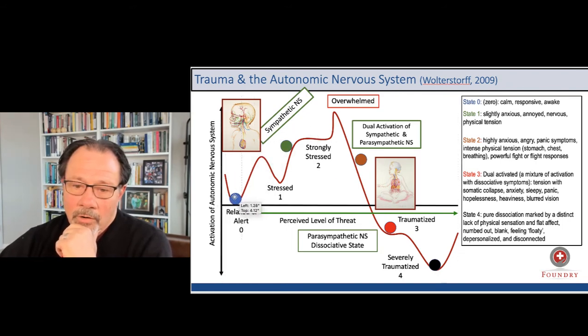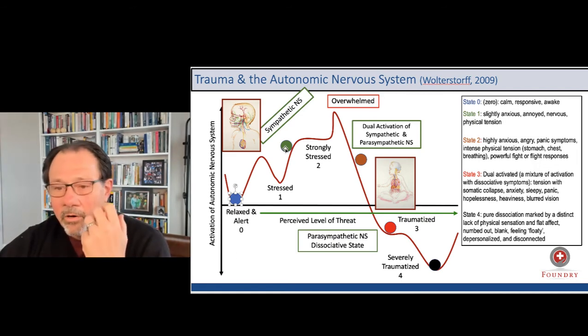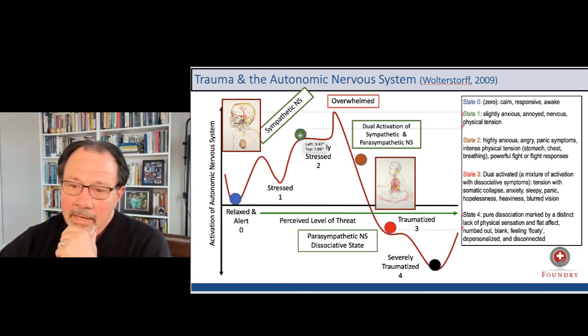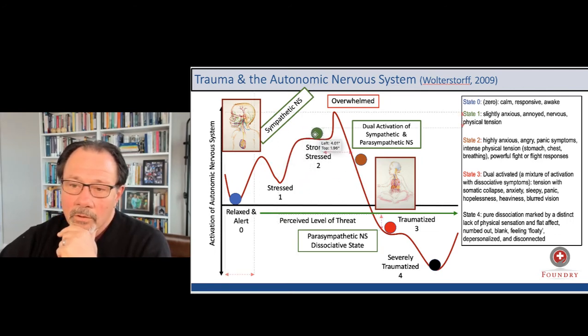But if you are in a constant state of anxiety or defensiveness or avoidance, it doesn't take very much to go from being what feels normal to being really angry and defensive quickly.